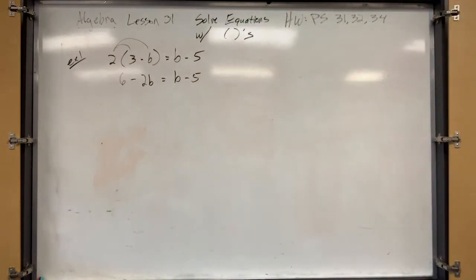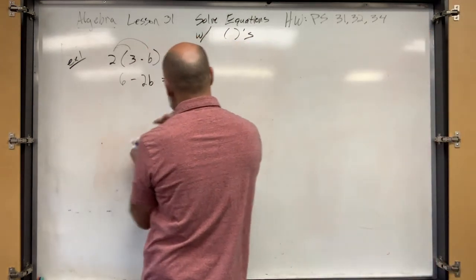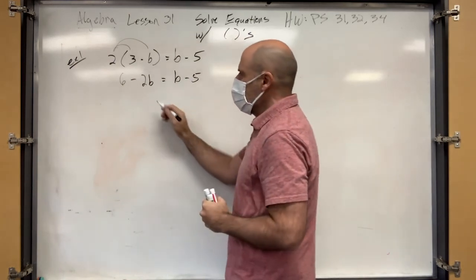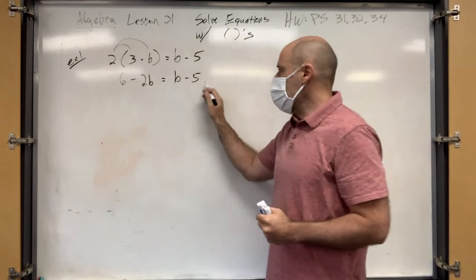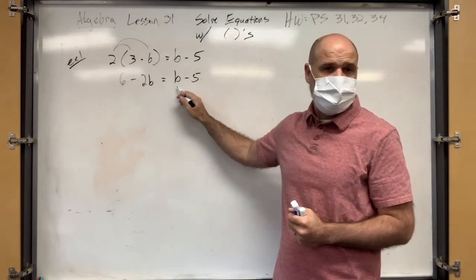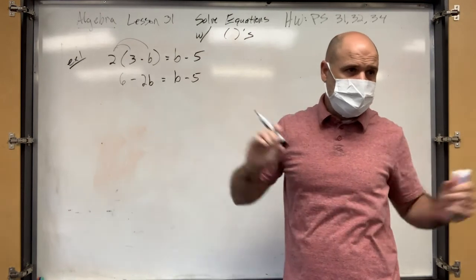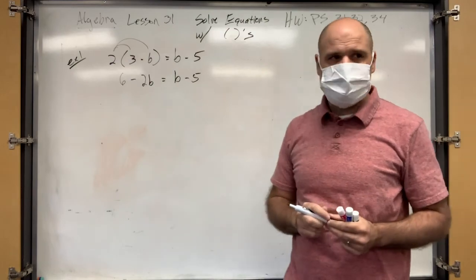These are the enemies of simplifying. Parentheses, we get rid of those, and then combining like terms. So make sure that there's no like terms on the left side with each other and no like terms on the right side. There's no other constants and there's no other variables on the left side. There's no other constants on the right side or no other variables on the right side. Okay? So are we done with step 1? Yeah. Good job. They shook their heads, so they said yes.